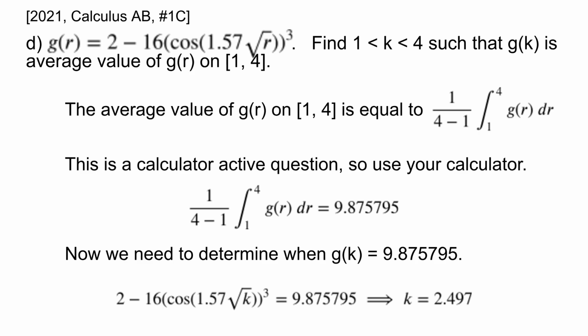So 2 minus this 16 cosine 1.57 square root of k all cubed will equal 9.875795 when k is equal to 2.497. Notice, because we're using our calculator here, somewhere our calculator is going to round, and we round it here. That's why we want that extra precision in our value of g of k.